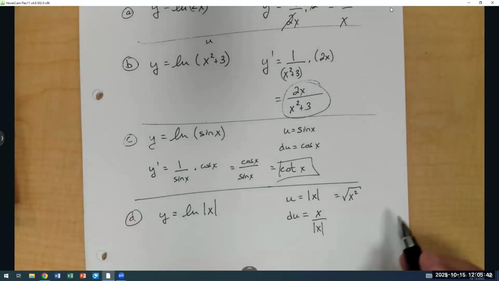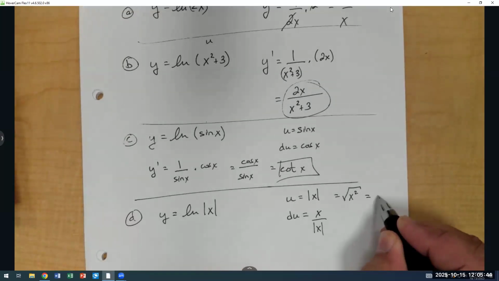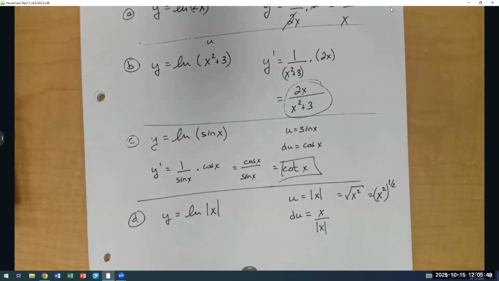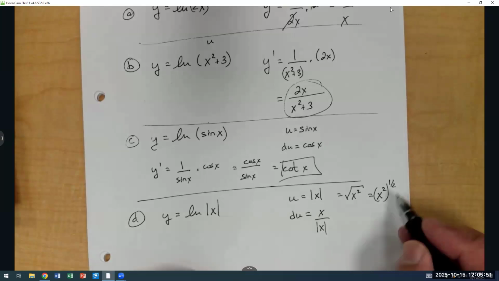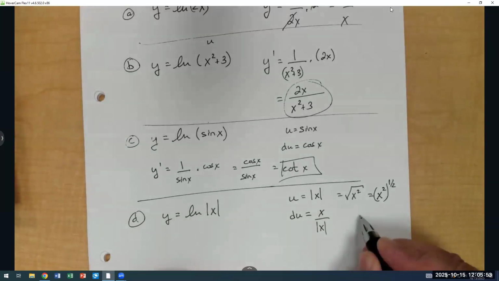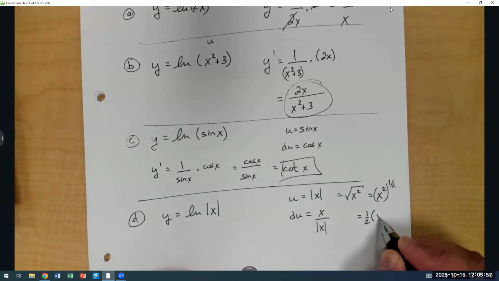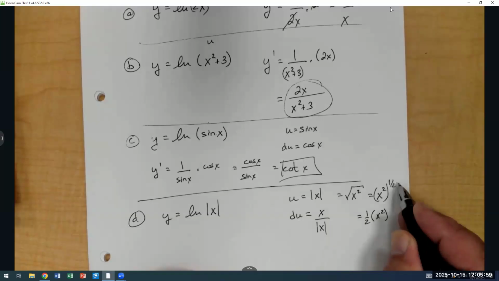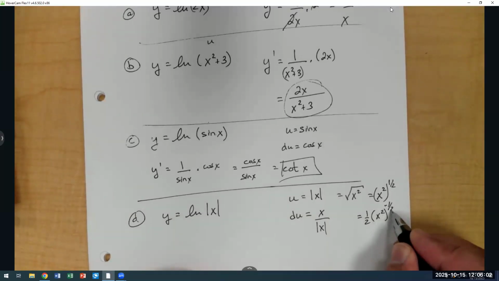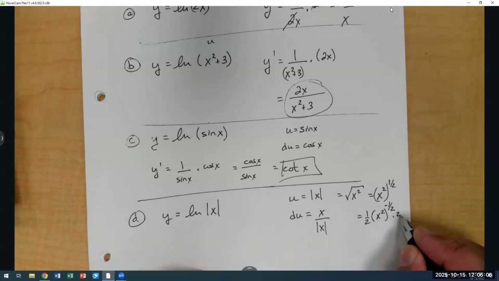So if this is our function, then this could be rewritten as x squared to the power 1/2. So the outer function is 1/2, so I'll bring down the 1/2. Leave the inside alone. Subtract 1, so it's negative 1/2. Times the derivative of the inside, which is 2x.